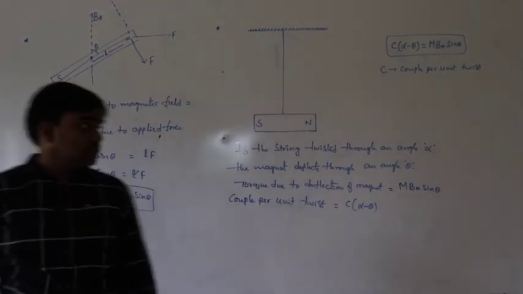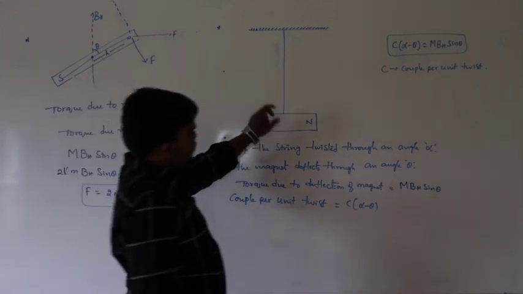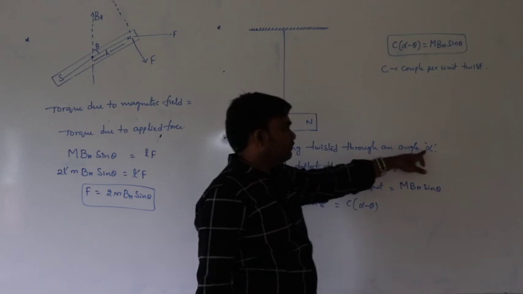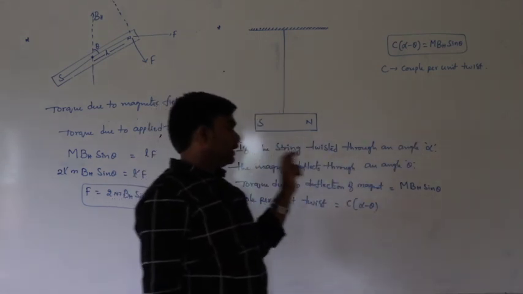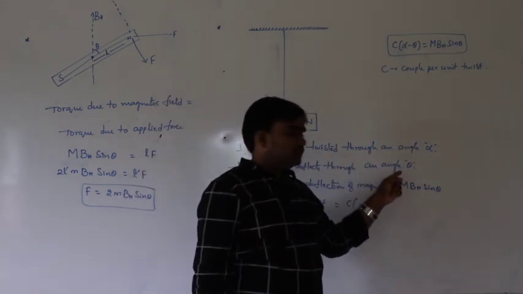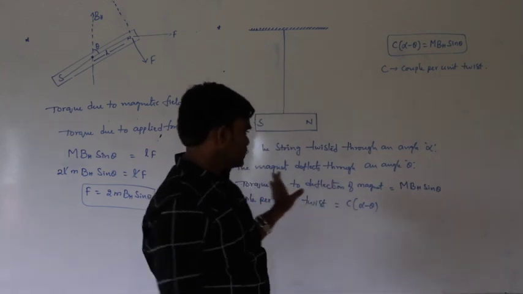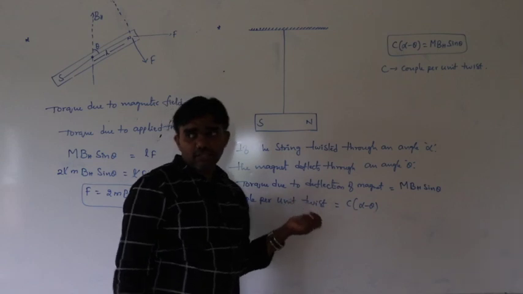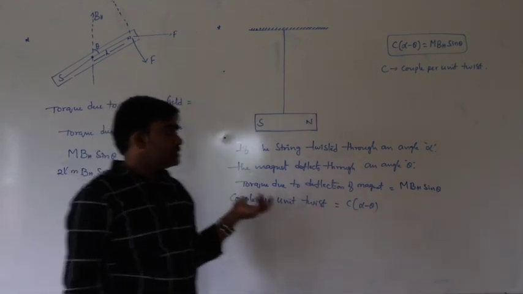Two conditions here. One is that due to the twisting of the string through an angle alpha, the magnet deflects through an angle theta. That is the first condition. That is the torque due to the deflection of the magnet, the general formula MB sin theta.